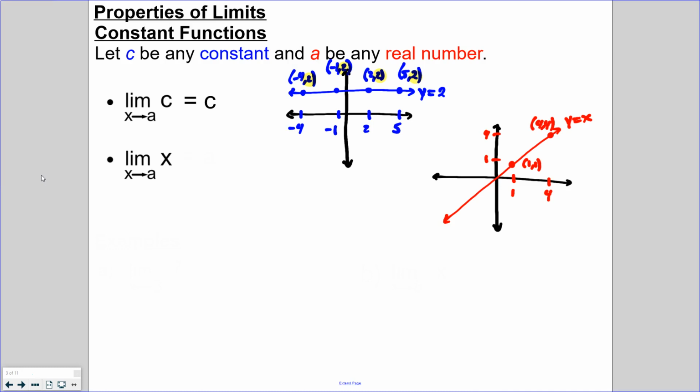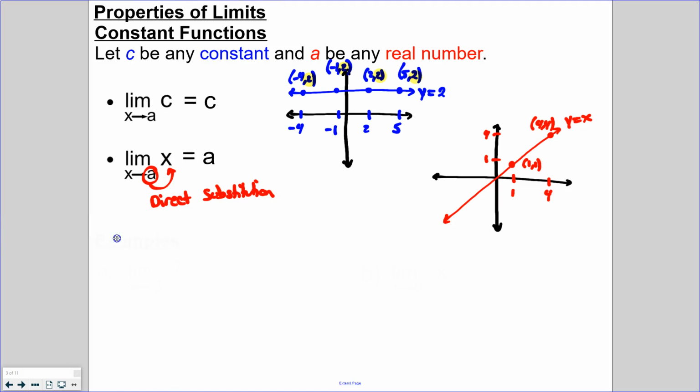So in this particular situation, we can just take whatever our a value is, and because the input matches the output, we can just do what's known as direct substitution, and we can just substitute the a in for the x. So that means the limit as x approaches a of x is just a. Nice and easy. Woo!